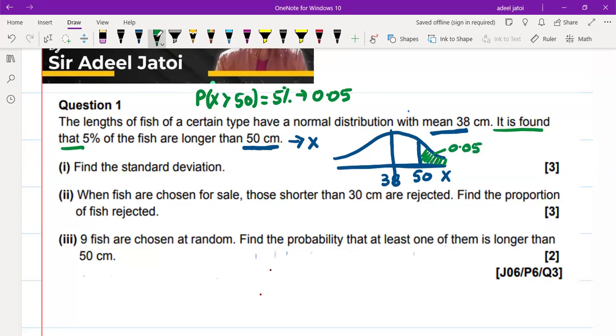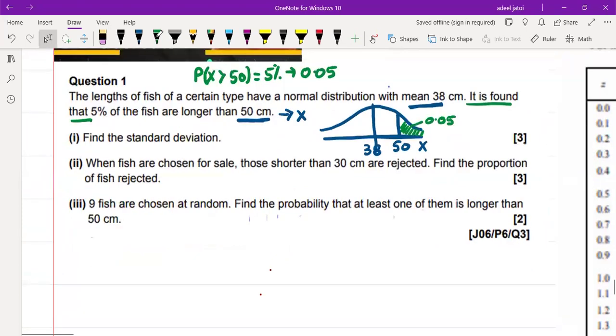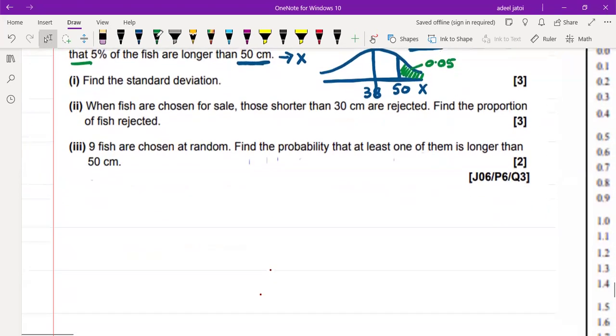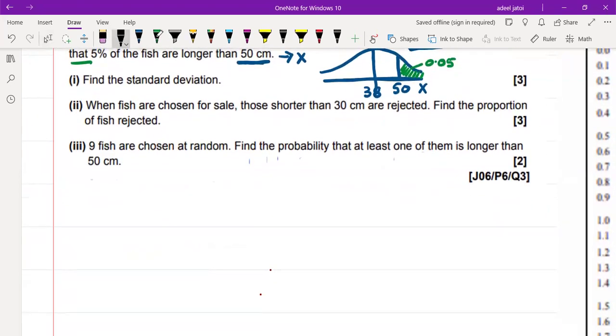The question says find the standard deviation. So how do we find the standard deviation, or where do we get the standard deviation? We normally have the standard deviation where we need to find the value of Z, when we do X minus mean upon standard deviation.